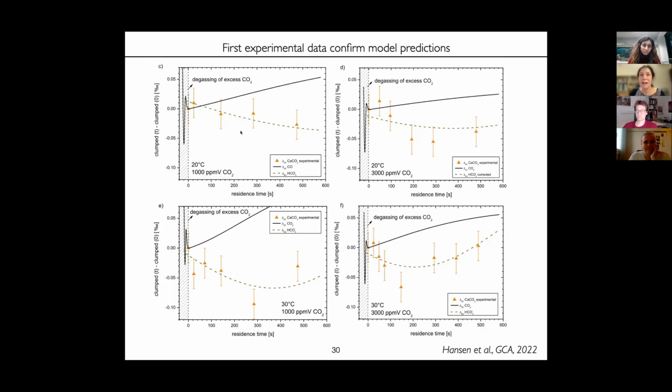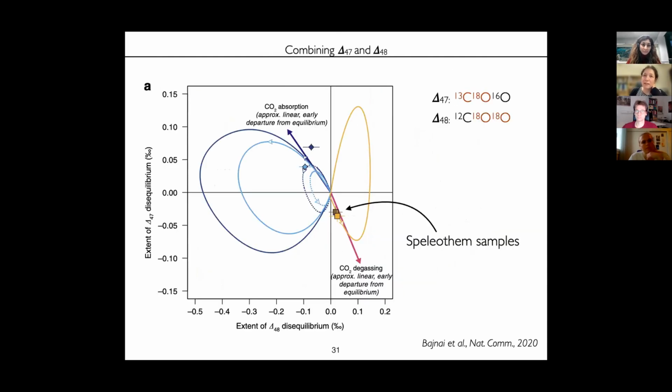And just at the very end, I just want to point out that another promising direction is to not only combine clumped isotopes with oxygen isotope effects, but also within the realm of clumped isotopes, there's another species that the first labs have now started to measure, and that's what gives us the mass of 48. So we can measure mass 47, which is C13 and O18, but we can also measure mass 48, which is 2 O18s and 1 C12. So we have two different versions of doubly substituted isotopologues that we can both measure, and that have slightly different isotope effects.